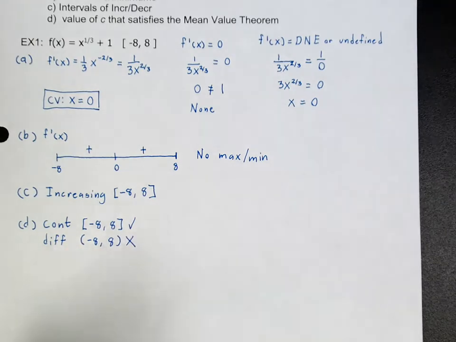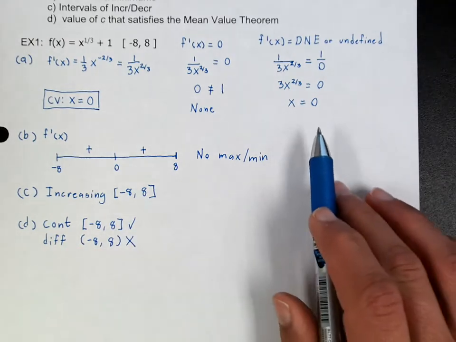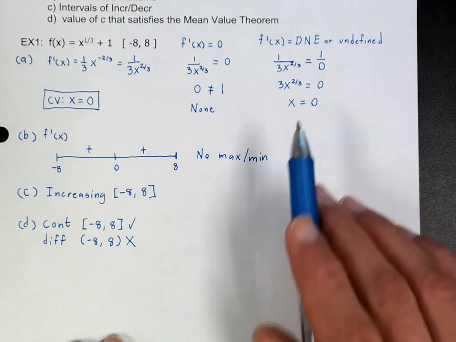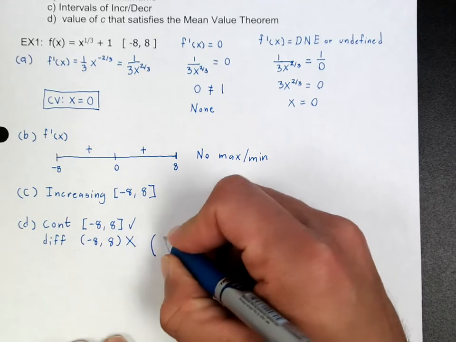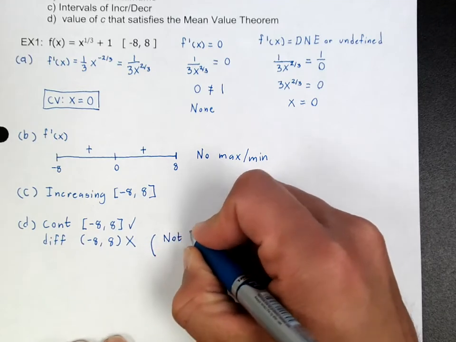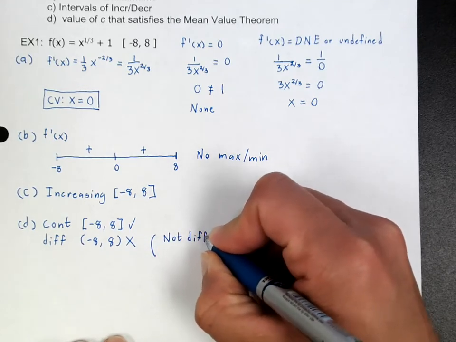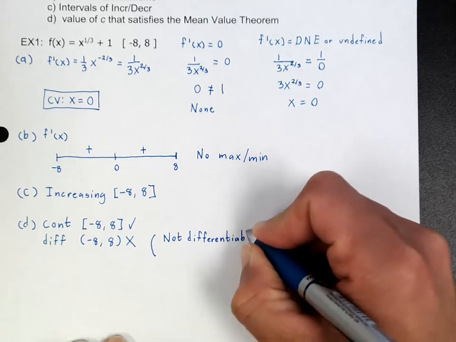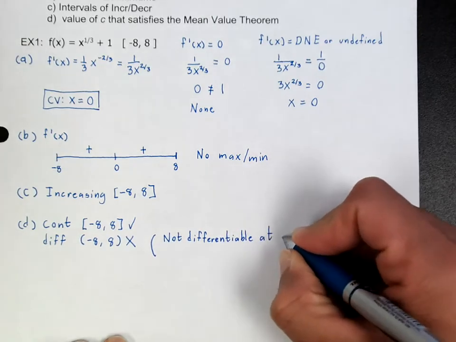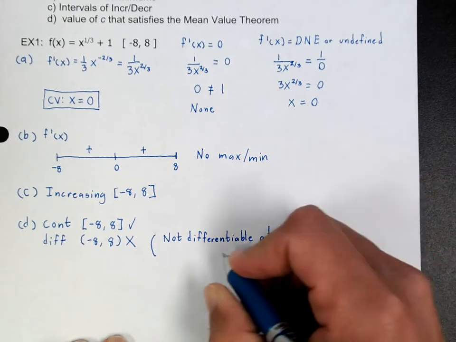This is not differentiable between -8 and 8, okay? Because I found one point, which is x equal to 0, where the derivative does not exist, all right? So again, this is not differentiable at x equal to 0.